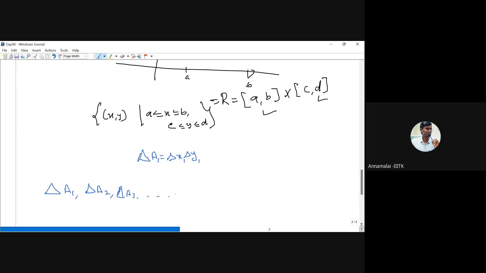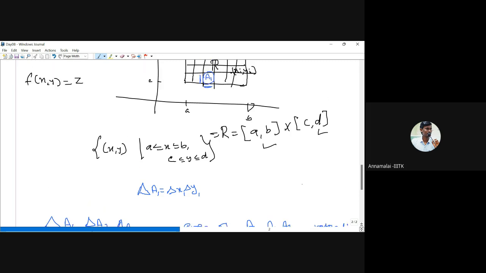So these are all the areas of A1, A2, etc., respectively. If this is A1, then the area of this one is delta A1. Suppose this is A2, then the area of this is delta A2, and so on.